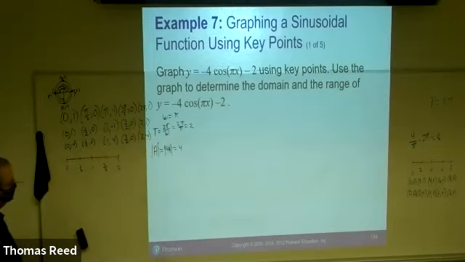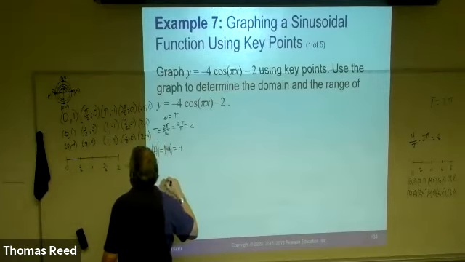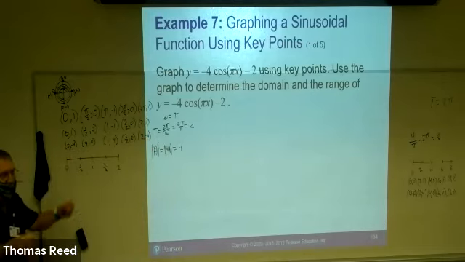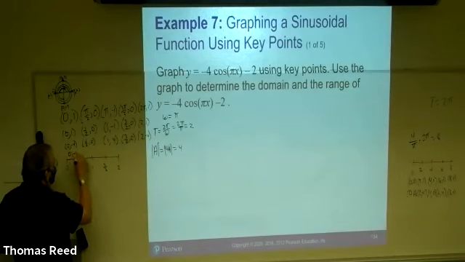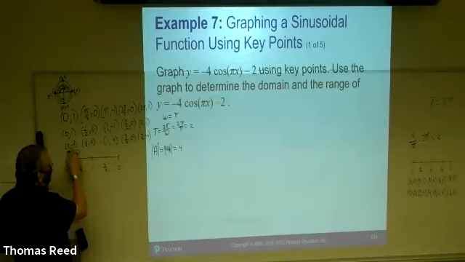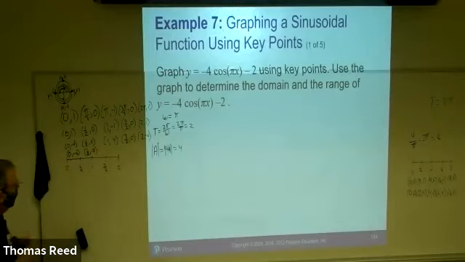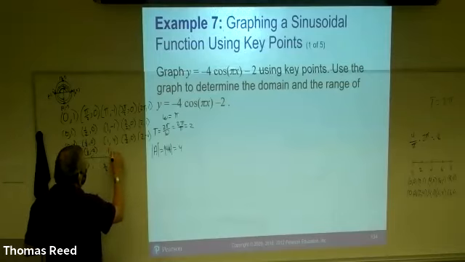Now, the last thing we do is this -2. And so that means I'm shifting each of the y values down 2 units. So this is going to go through 0, -6, because -4 minus 2 is -6. 0 minus 2 is -2. So that becomes 1/2, -2. 4 minus 2 is 2.